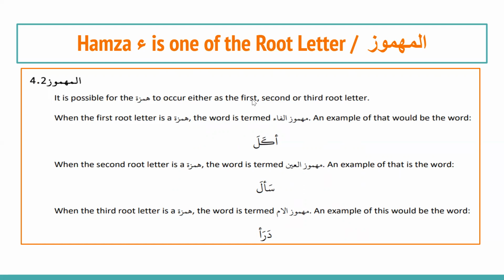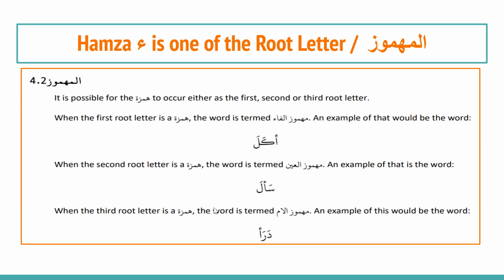You remember fa'ala: the first letter is fa kalma, the second is ain kalma, and the third is lam kalma. So when the first letter is a hamza, the word is termed mahmoozul fa. Akala is a mahmoozul fa word. Akala has hamza and then kaf and then lam. Akala, to eat, is the example of mahmoozul fa.